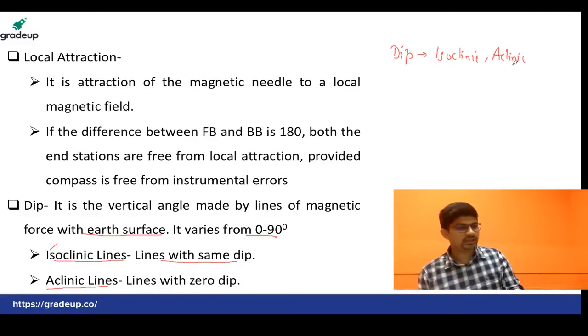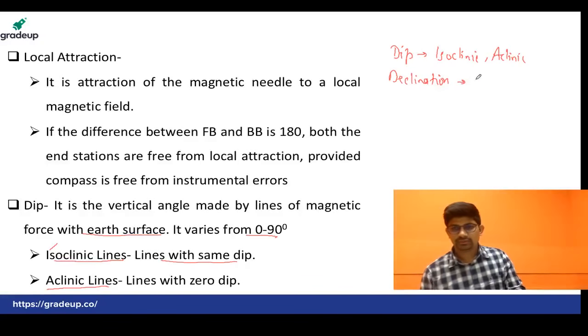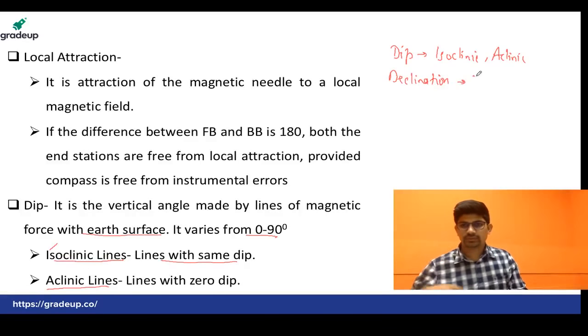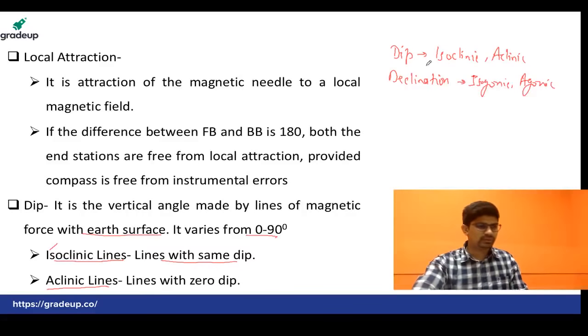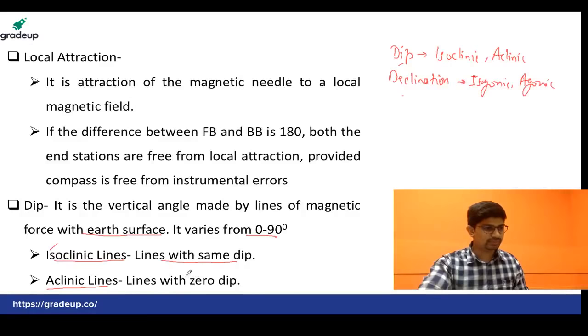If you remember clinic, then you can remember aclinic. And declination is isogonic and agonic. You can remember by the same sound. Isoclinic, a lot of I's, and dip is I. Declination, isogonic, agonic. So isoclinic is a line with the same dip, and aclinic is a line with zero dip.